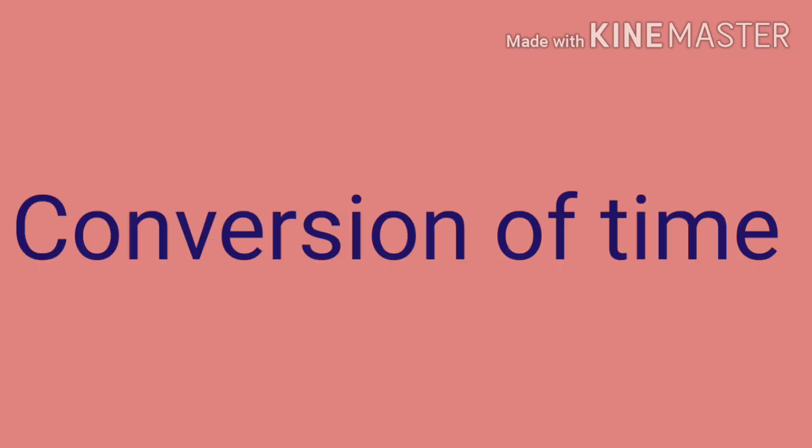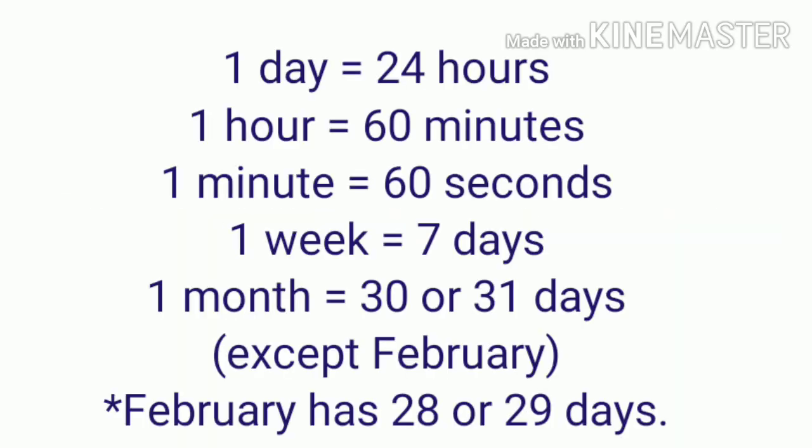Next topic is conversion of time. So let us start. We know that one day is equal to 24 hours. 1 hour is equal to 60 minutes. 1 minute is equal to 60 seconds. 1 week is equal to 7 days. 1 month is equal to 30 or 31 days, except February.